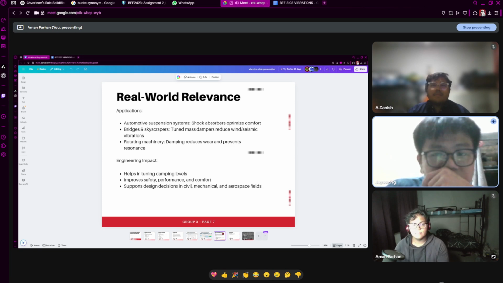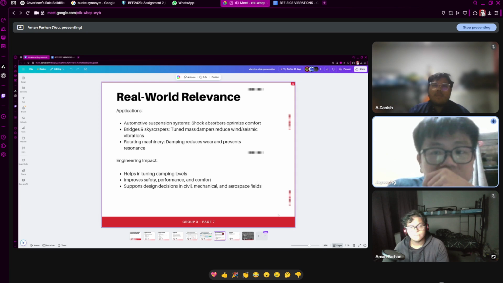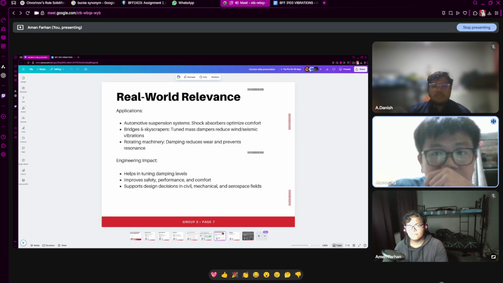In terms of engineering impact, this understanding helps engineers tune damping for different applications. It improves safety, performance, and reliability across multiple engineering fields. Our simulation provides a clear way to visualize and evaluate this effect before building a physical system.